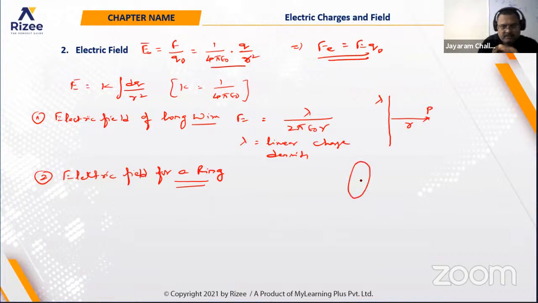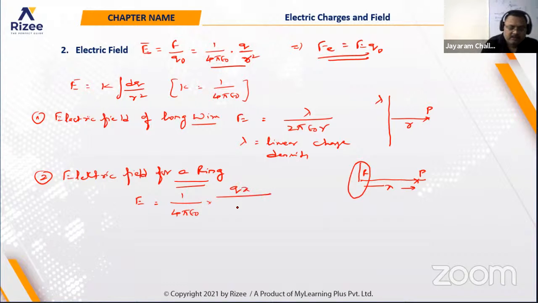For example, this is your ring, and along the axis at a particular distance x from here is the point P where we are finding the electric field. This is your radius R. Then the electric field formula can be written as E is equal to 1 by 4 pi epsilon naught, or I can also write it as k into Q, the charge on this ring, into x by (R square plus x square) whole to the power of 3 by 2.